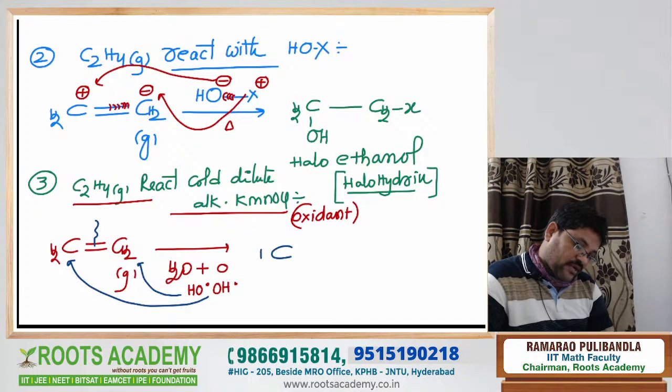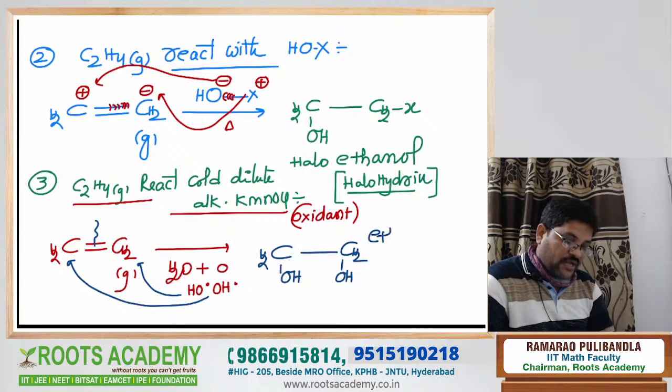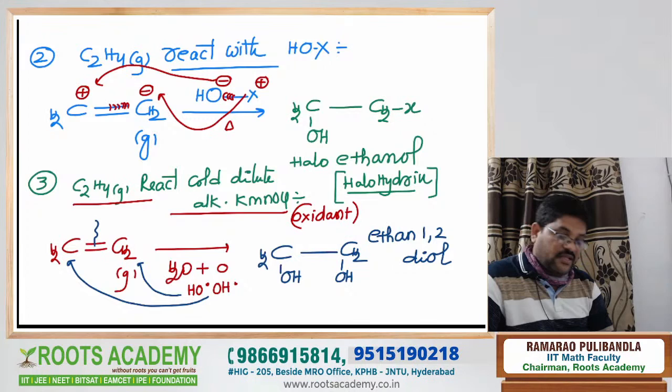Now, by that, what do you get? CH2OH single bond CH2OH. Now, you get ethane-1,2-diol. Tell me, students, what did you get? Ethane-1,2-diol. Its common name is what? Ethylene glycol.